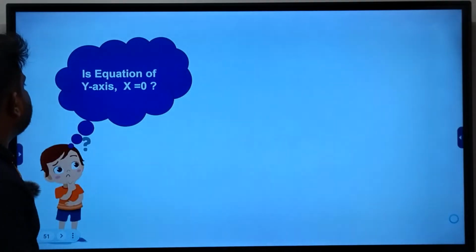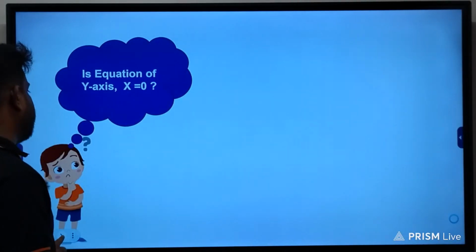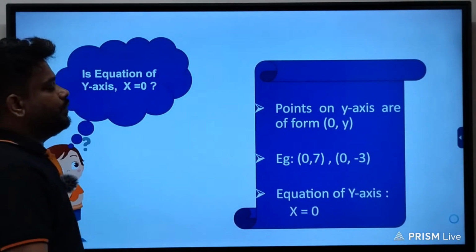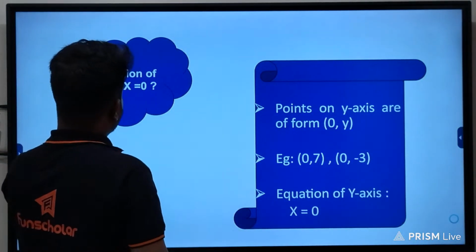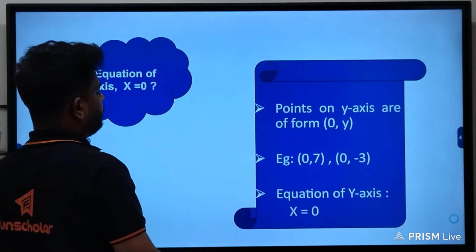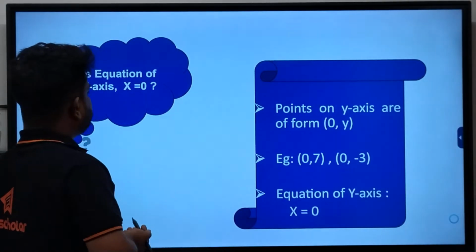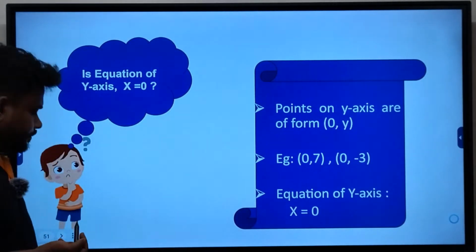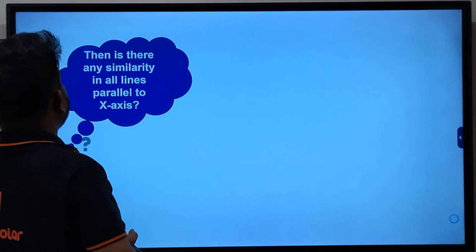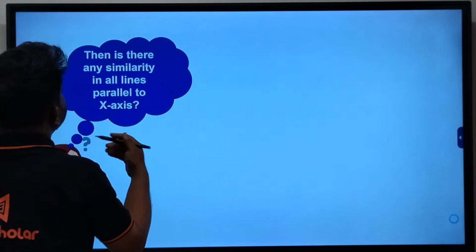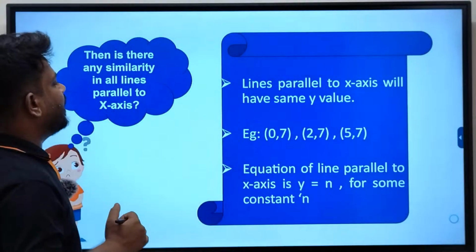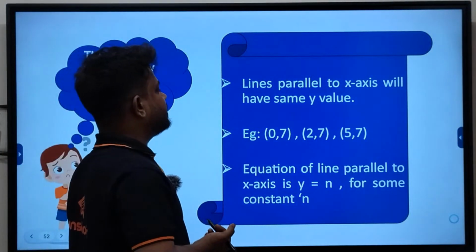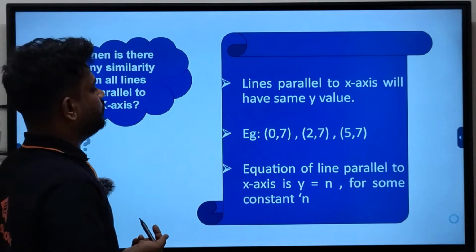The next is the equation of the y axis: x equals 0. Tell me, it will be similar, the equation of the y axis will be x equals 0, right. Then, is there any similarity in all lines parallel to the x axis? Yes, lines parallel to the x axis will have the same y value.